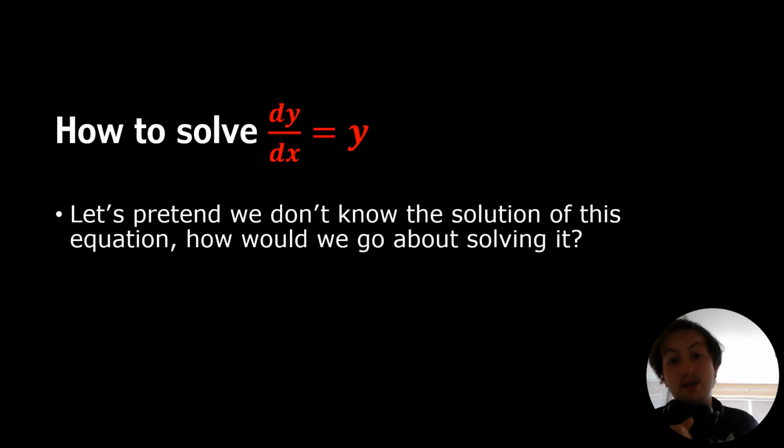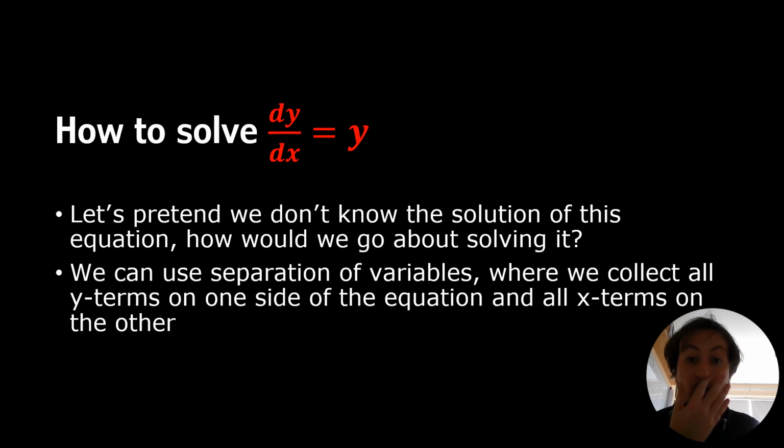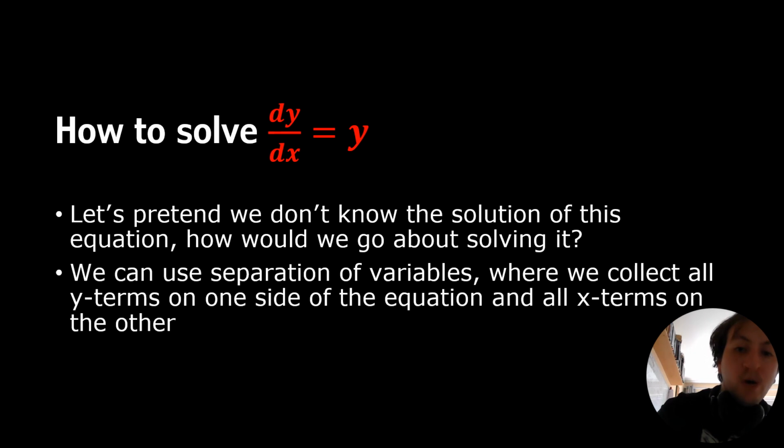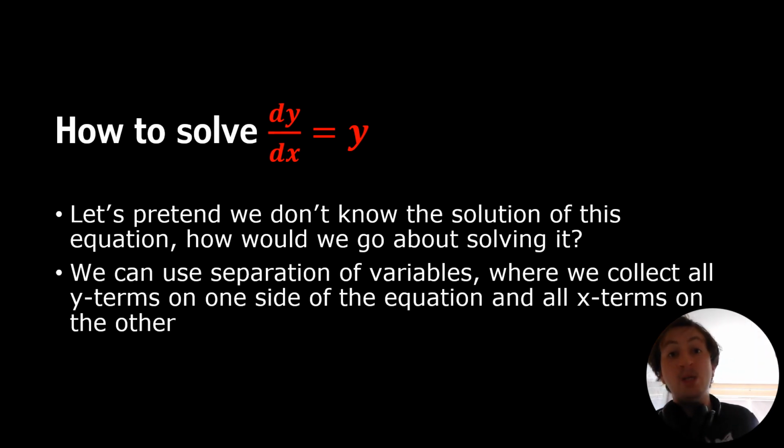Well, as I said, we pretend that we don't know the solution, and we're going to try to solve this differential equation. So how can we solve it? Well, because of the way that this equation is organised, we can rearrange it to get all y terms on one side and all x terms on the other.